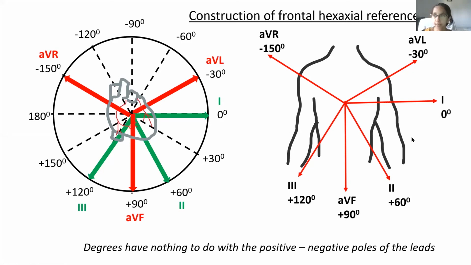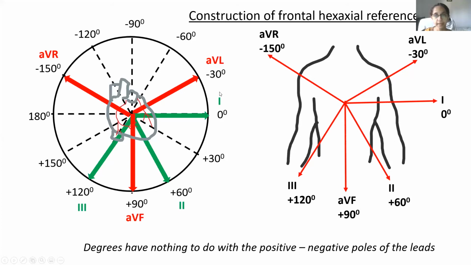So if we compare this with this figure, lead 1 is in this direction, lead 2 is in this direction at 60 degrees, lead 3 is 120 degrees, AVR is minus 150 degrees, AVL is minus 30 degrees, and AVF is plus 90 degrees. Something which is very catchy, we have distances of 30 degrees here.